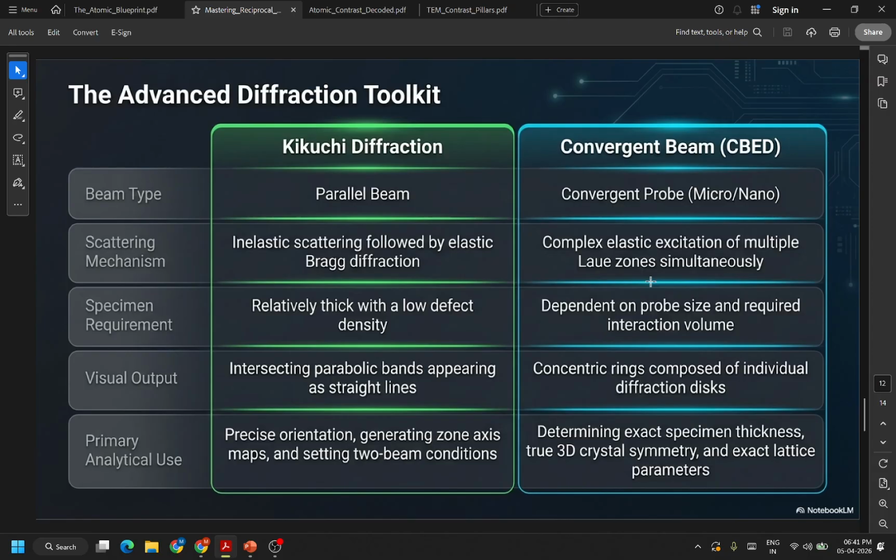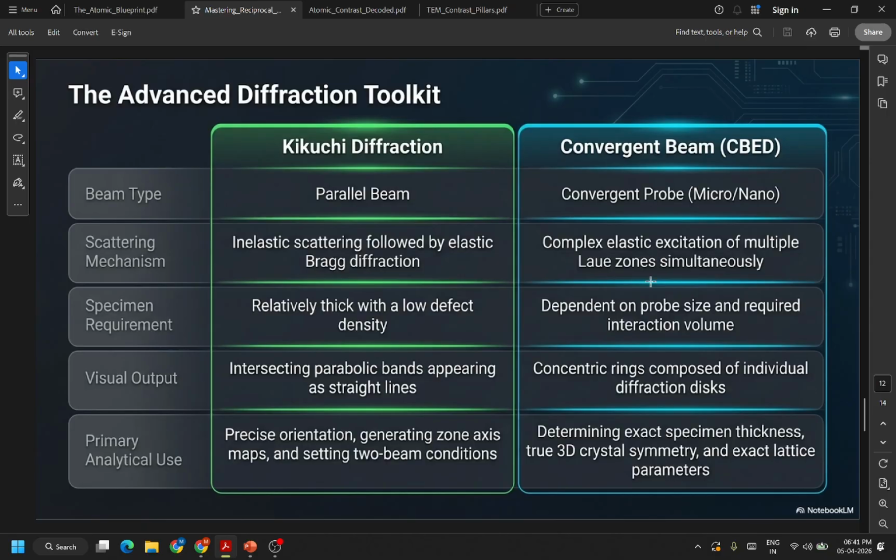So you have advanced diffraction: you have Kikuchi diffraction, which uses parallel beams, and convergent beam, which uses convergent probes, which are micro and nano probes. In Kikuchi diffraction, inelastic scattering is followed by elastic Bragg diffraction, whereas in convergent beam, there is complex elastic excitation of multiple laws simultaneously.